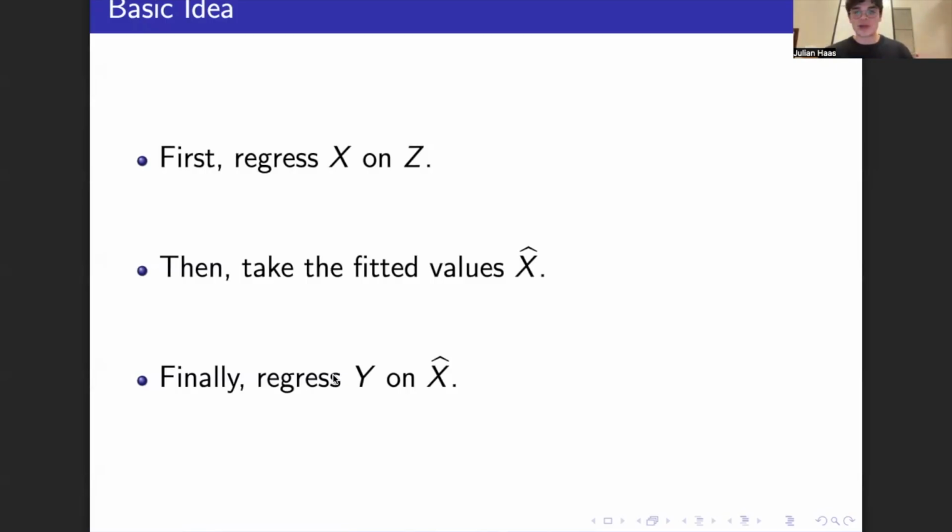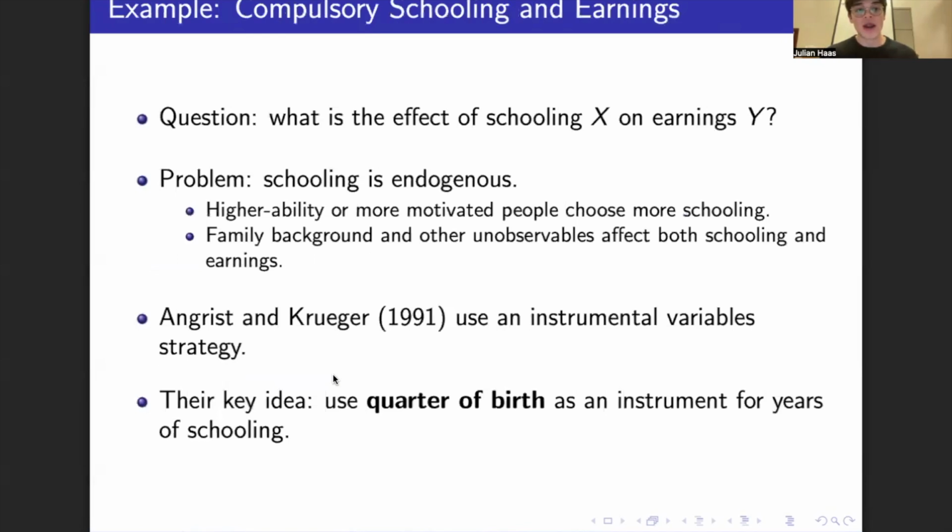And so for me personally, when I first saw the IV, I was like, oh, cool, very cool. Sounds interesting. But what does that actually mean in practice? What does that look like? So what I did here is I set up a quick little lesson that is going to be focused around probably one of the most influential papers in education economics, but it's also probably one of the most famous instrumental variable papers, which is a paper from Josh Angrist and Alan Krueger that they published in 1991 in the QJE.